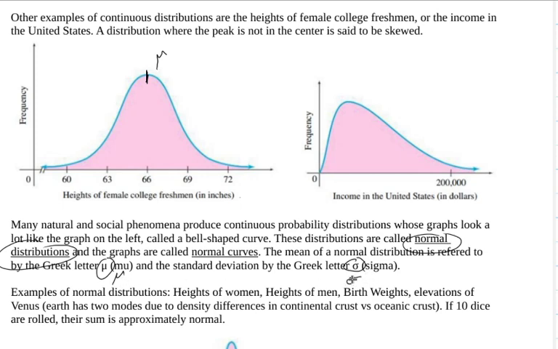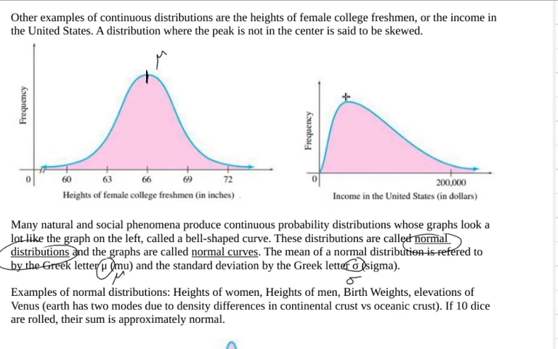I know it's a little bit of a pain using x bar and sx for some things, and then mu and sigma when we switch over here. But it really has to do with the fact that here we're dealing with a continuous distribution, and so that's why we're going to use mu and sigma. There is more reasoning besides that, but that's just what I'm going to leave you with.